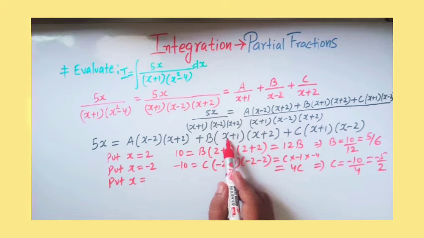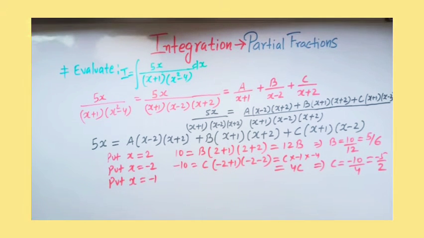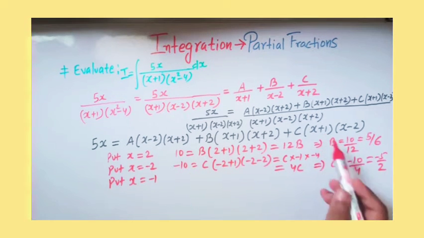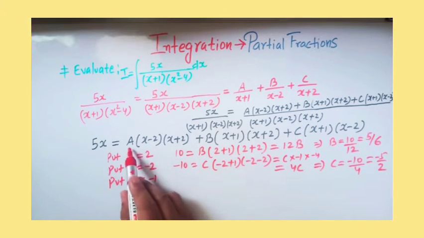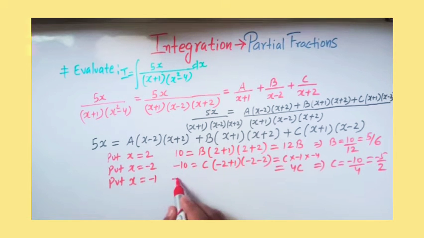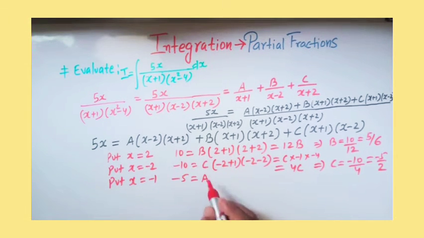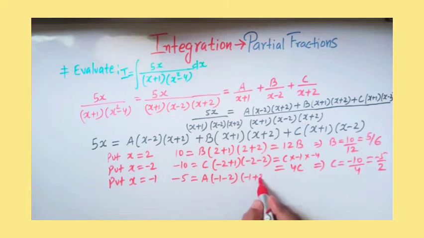Okay, now if we put x equal to say minus 1, then we see that this term becomes 0, this term becomes 0, and we are left with this term. So here we have minus 5, because here we put x equal to minus 1. We have a times (minus 1 minus 2)(minus 1 plus 2).